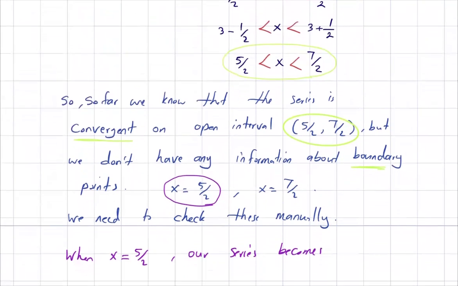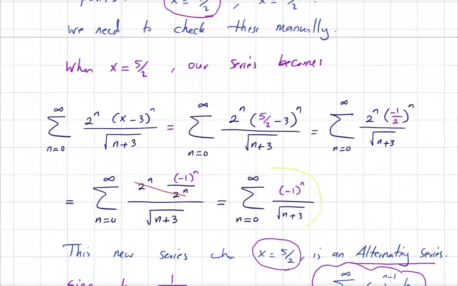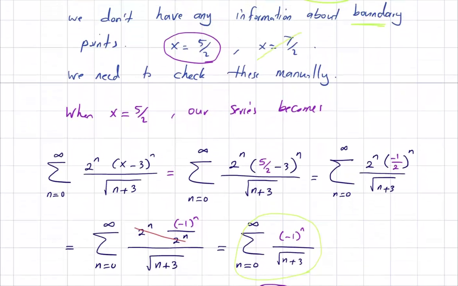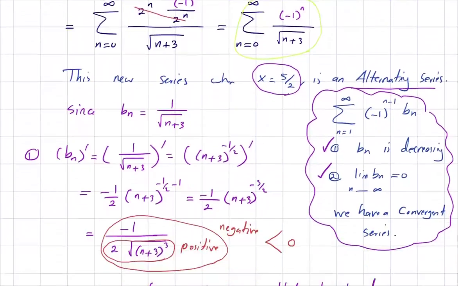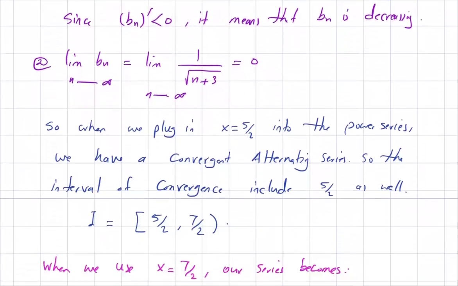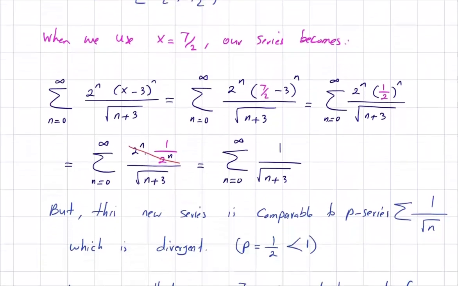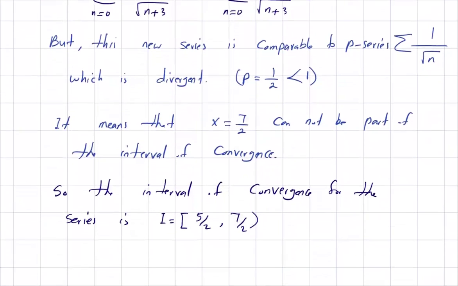When you plug in 5/2, your series becomes an alternating convergent series, but when it comes to 7/2, as you saw, we end up with a p series, which is divergent. So it means that the interval of convergence does not include 7/2. The interval of convergence is half closed and half open interval, as you see here.